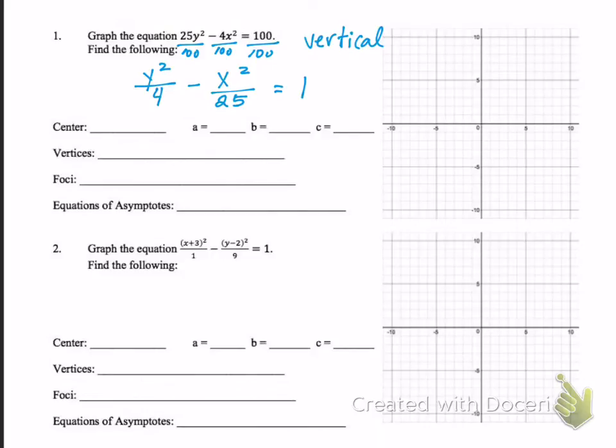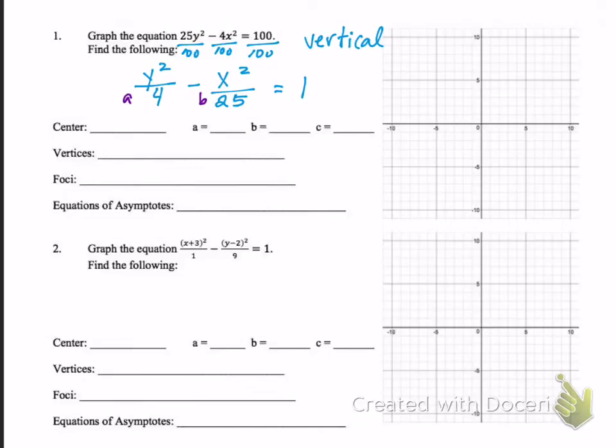In the ellipses unit, the a squared went under the biggest term. So if it were horizontal, it went under the x. If it were vertical, it went under the y. In this lesson, the a squared always goes first and the b squared always goes second. So it doesn't matter if it's under x or y. a is always first and b is always second.